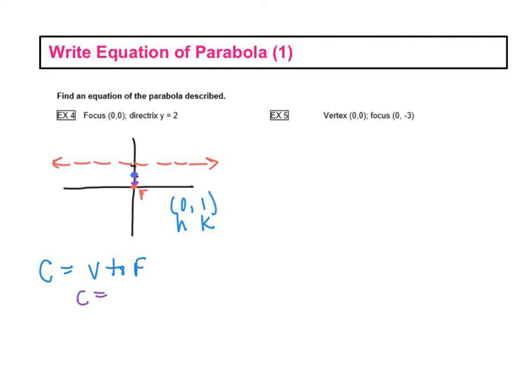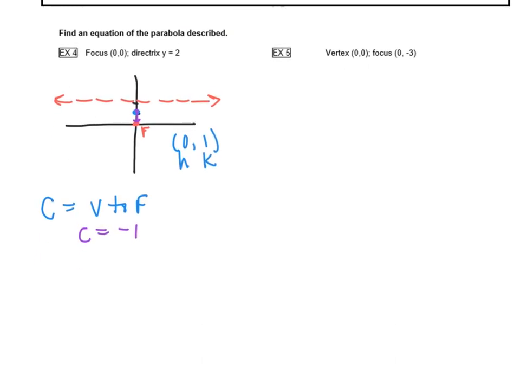That means our c value will be negative, so it is a -1. All right, so just by drawing out the two things that they gave us, we are able to figure out that our h is equal to 0, our k is equal to 1, and our c is equal to -1. That's enough information for us to plug into our equation and simplify to get the equation of the parabola.